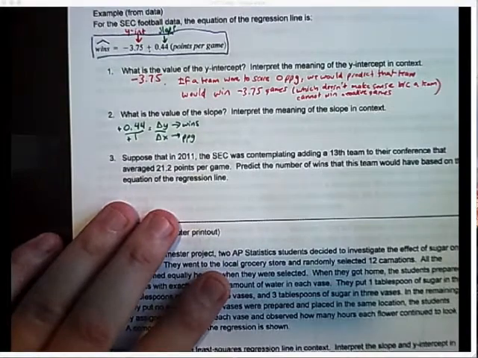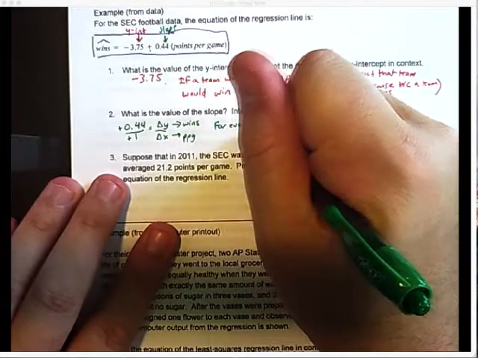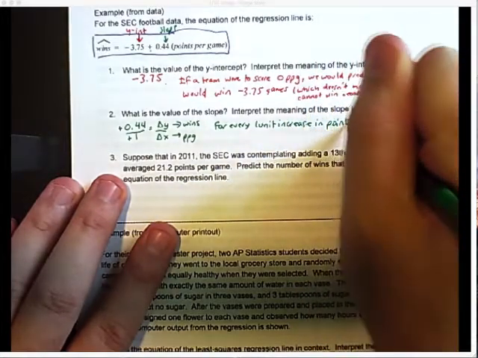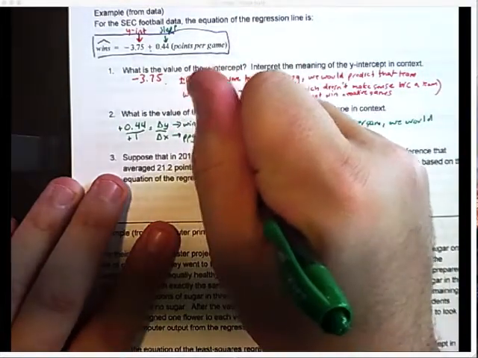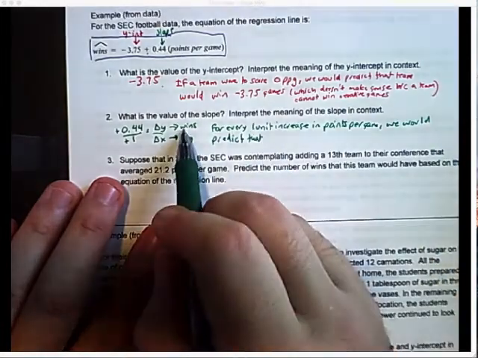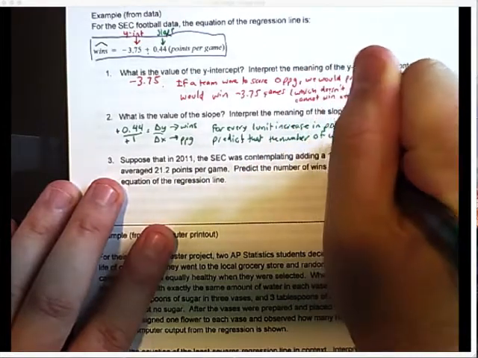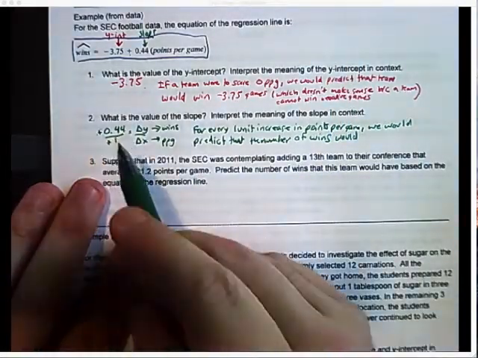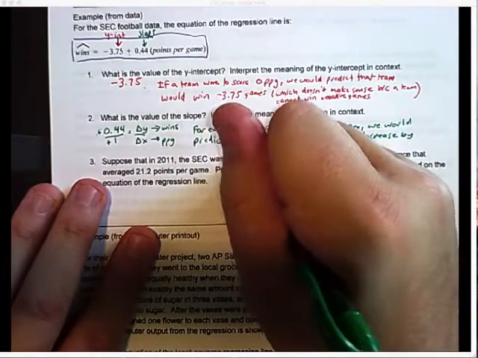So here's how we're going to interpret that. For every 1 unit increase in points per game, we would predict, you got to say predict because the line's a prediction line, that the number of wins would increase by 0.44 wins.